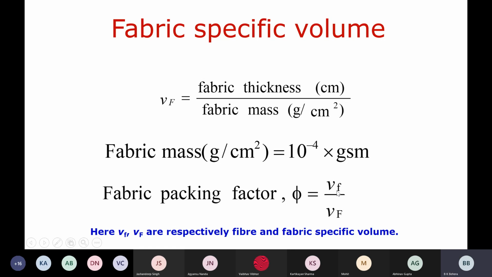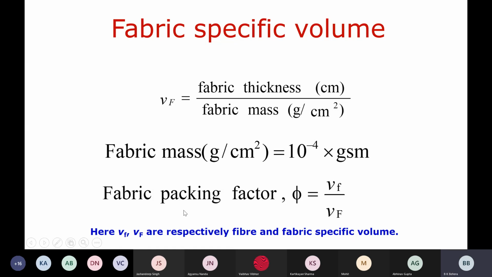Small f is for specific volume of fiber and capital F is specific volume of fabric. The ratio between fiber specific volume and fabric specific volume is called fabric packing factor. So this relationship you must remember.